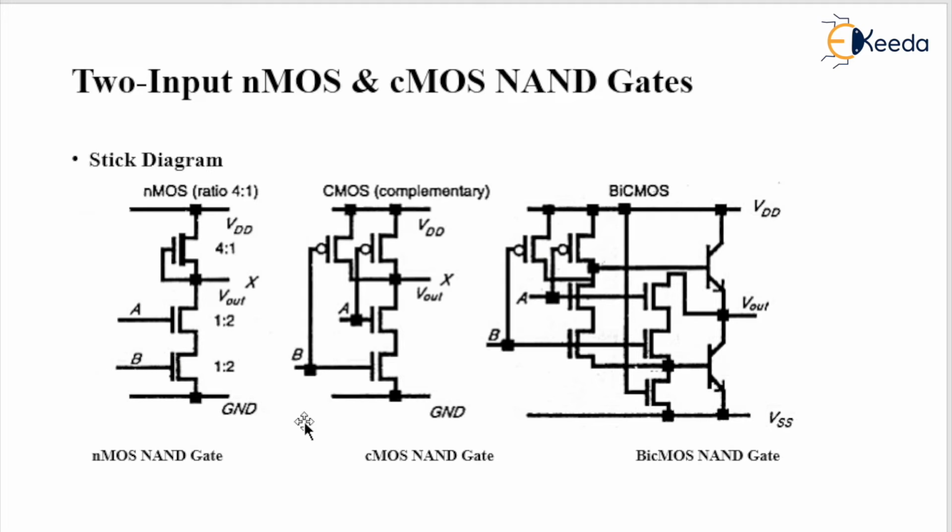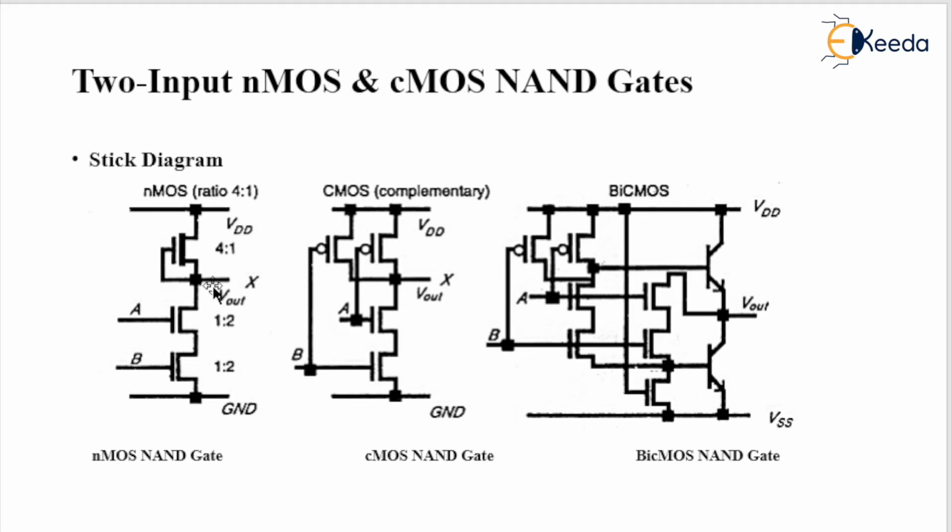Under NMOS, the complementing should be represented with a depletion MOSFET. Since this is a NAND gate, it is the complementing of an AND gate. I repeat, the NAND gate implies the complementing of an AND gate. So complementing is there, and we have to use a depletion MOSFET with VGS equal to 0.